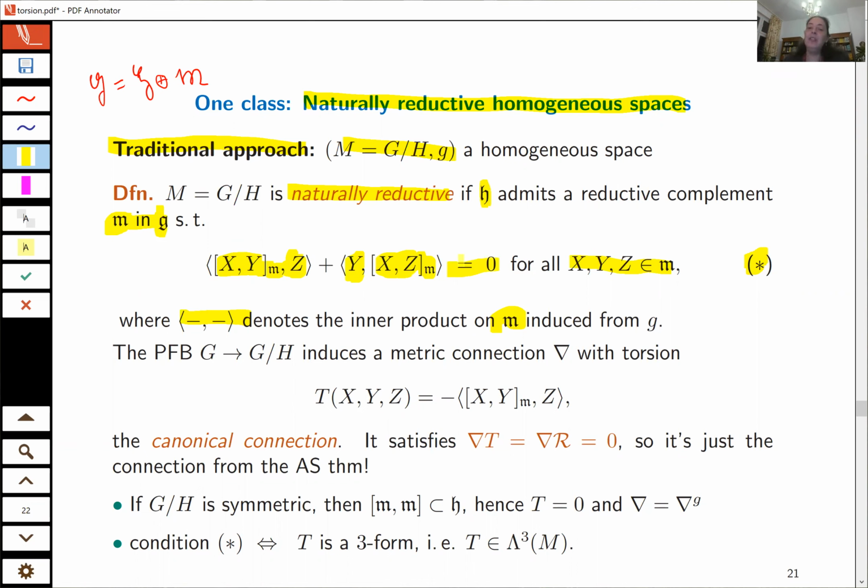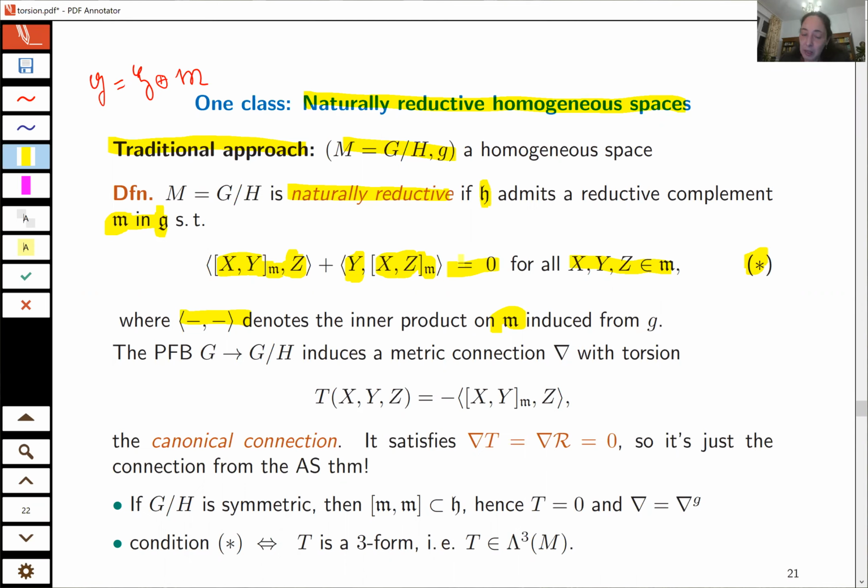Observe how this is the generalization to a homogeneous space of the corresponding equation we had for Lie groups, for the metric to be bi-invariant. So naturally reductive homogeneous spaces generalize bi-invariant metrics.